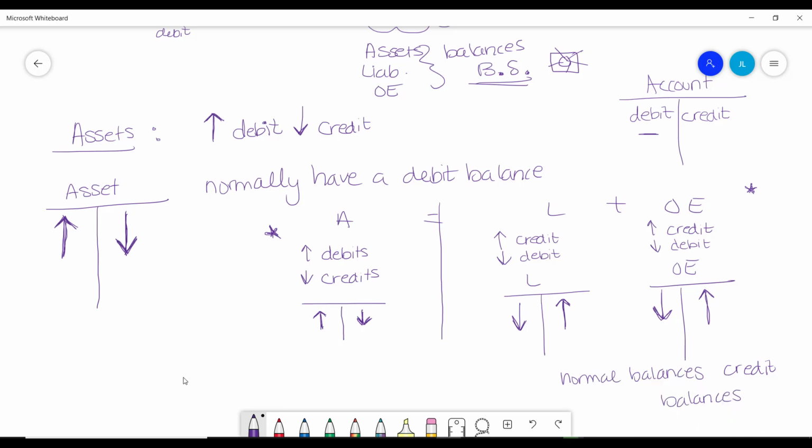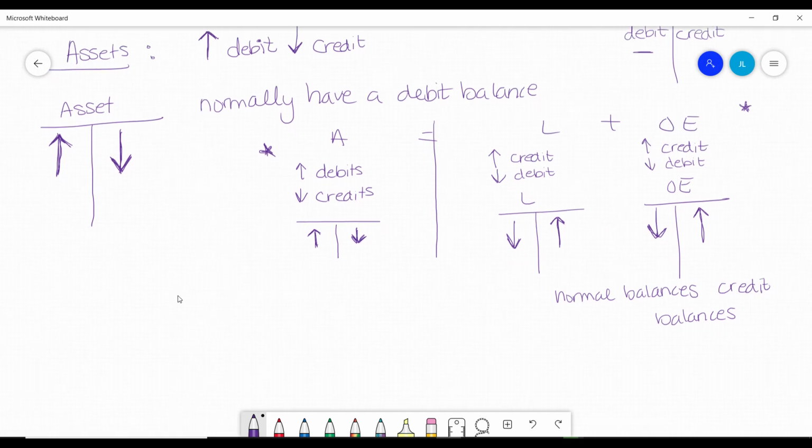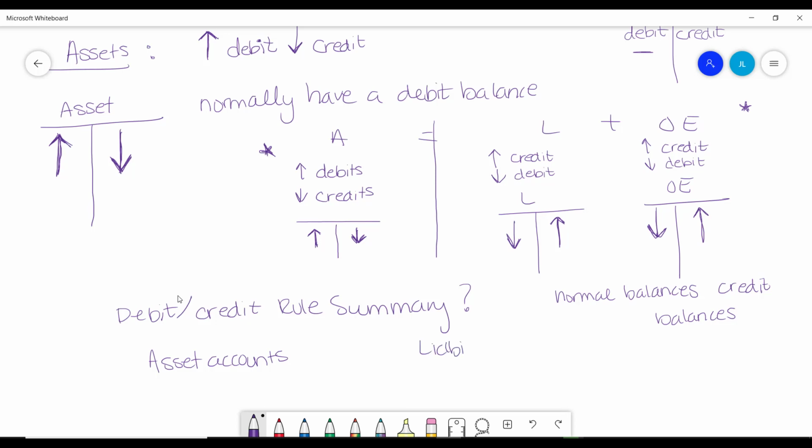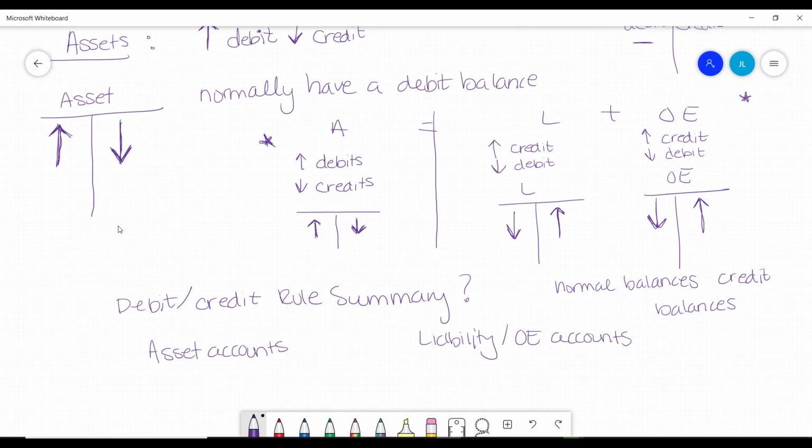So let's summarize what we just talked about. And by the way, that accounting cheat sheet, which summarizes a lot of this and more, is under the Chapter 3 module. So make sure you refer to that. So what's the debit credit rule summary? We have asset accounts, and then liability and owner's equity accounts. What's the summary for those?